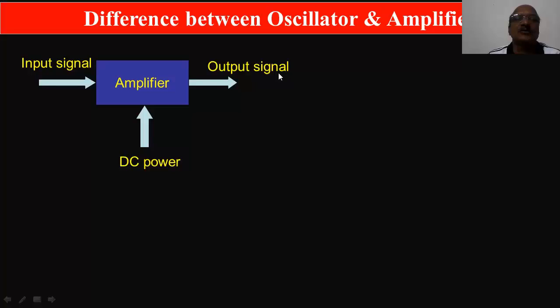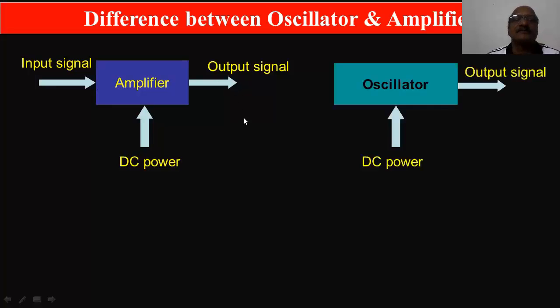Here the amplitude of the output signal is much greater than the amplitude of the input signal given to the amplifier. And for working of this amplifier circuit, we always have to give DC power. So we observe that in the case of an amplifier, there is always an input signal and the amplifier produces the output signal, which is the exact replica of the input signal.